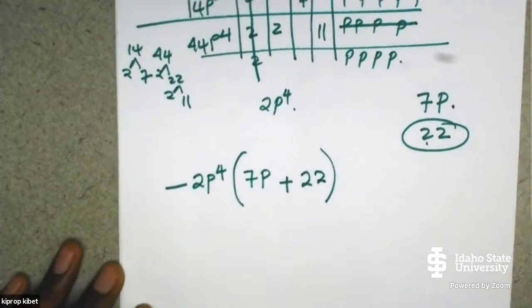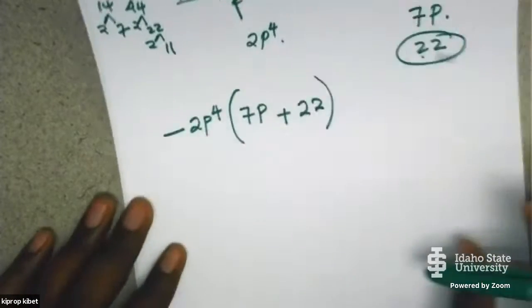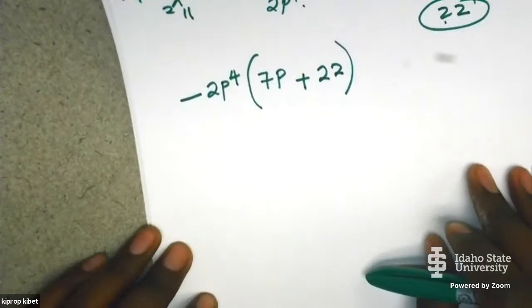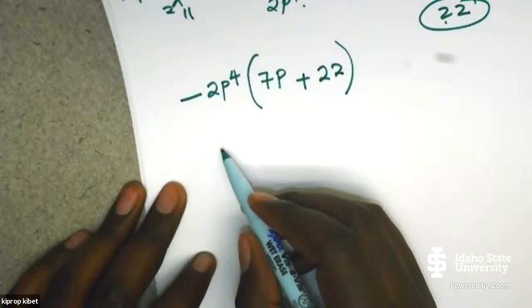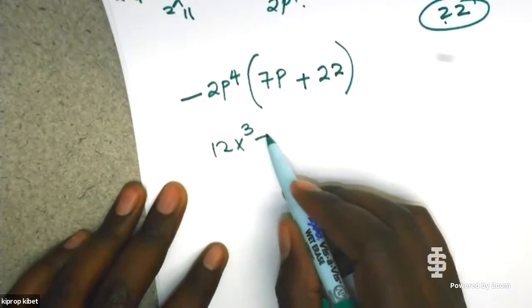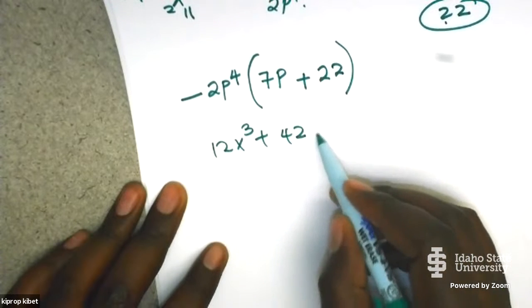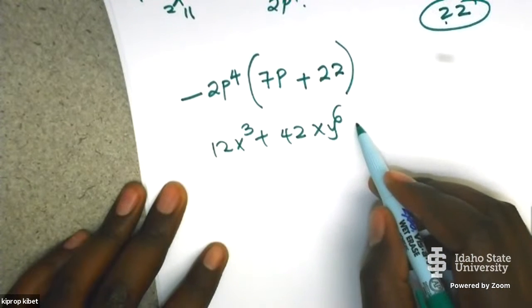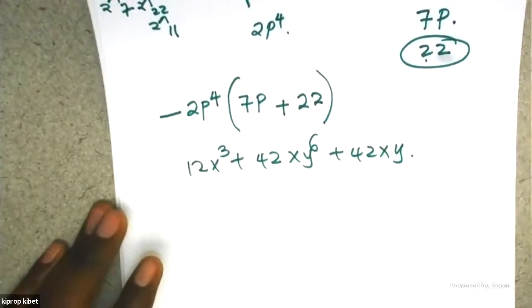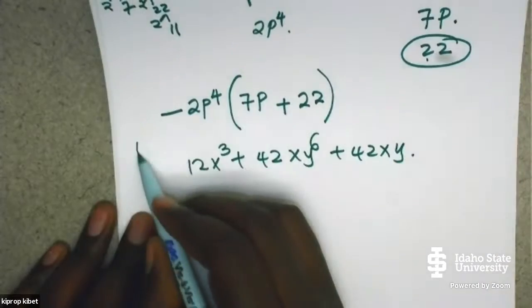Now, if we have another one here, like 12x cubed plus 42xy raised to 6 plus 42xy, the question is factor.